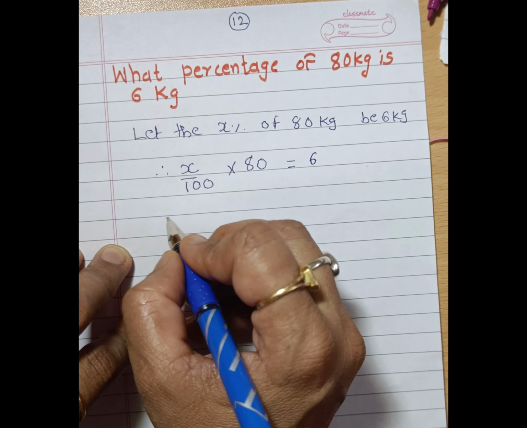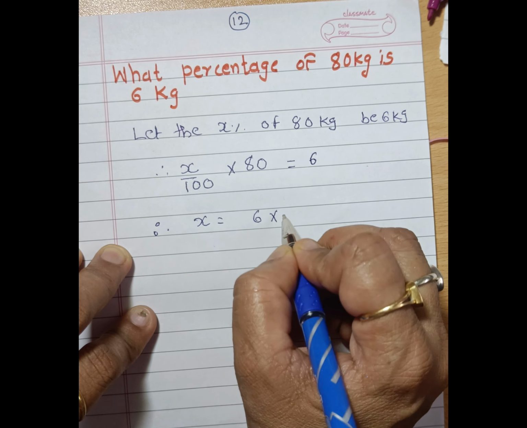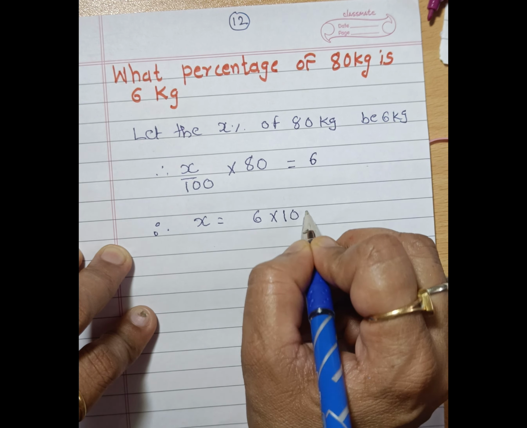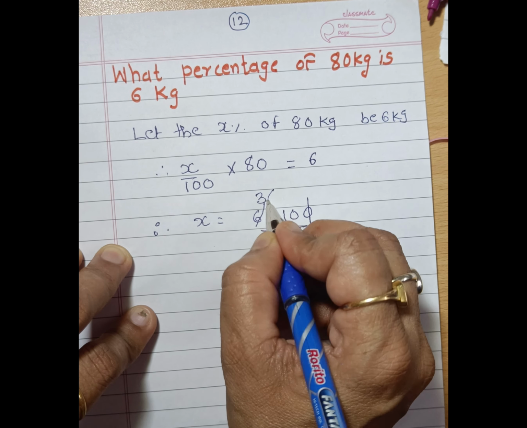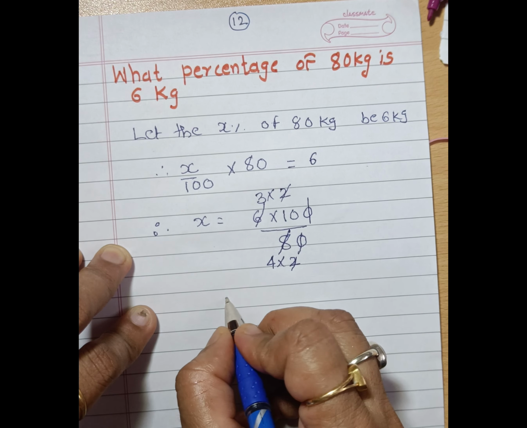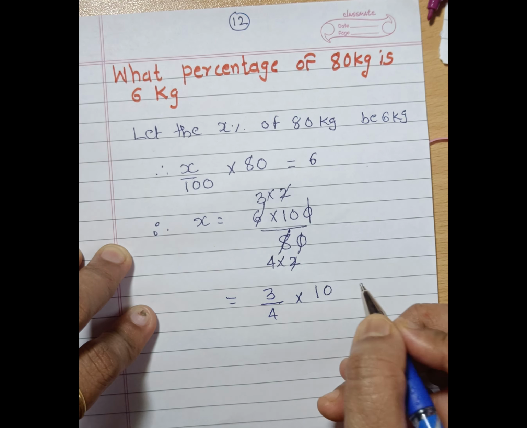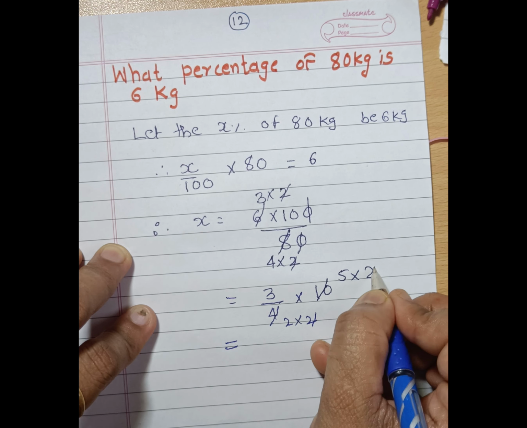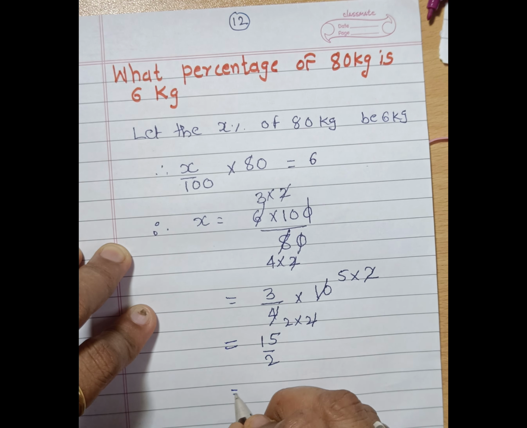Therefore, x is equal to 6 multiplied by 100 divided by 80, which is equal to 3 by 4 multiplied by 10, which is equal to 15 by 2, which is equal to 7 and 1 by 2.